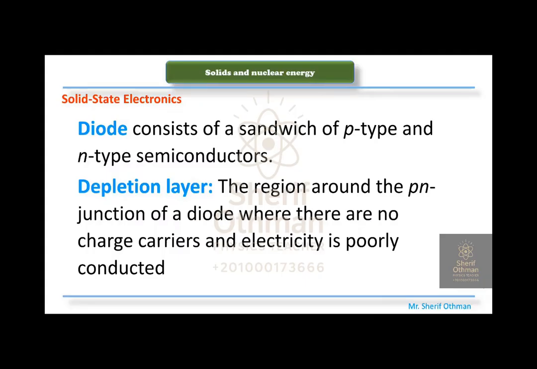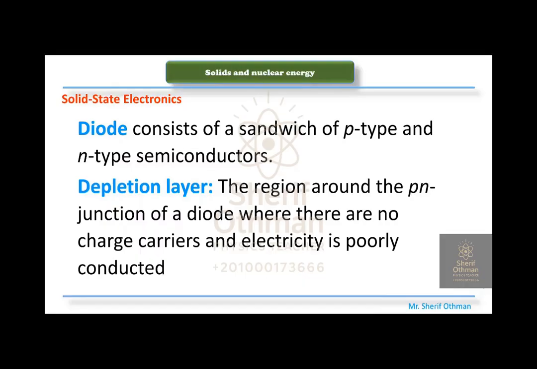We use diodes to support one direction of the electric current, which means the current can only move in one direction. Diodes allow the electric current to move from N to P, not from P to N.